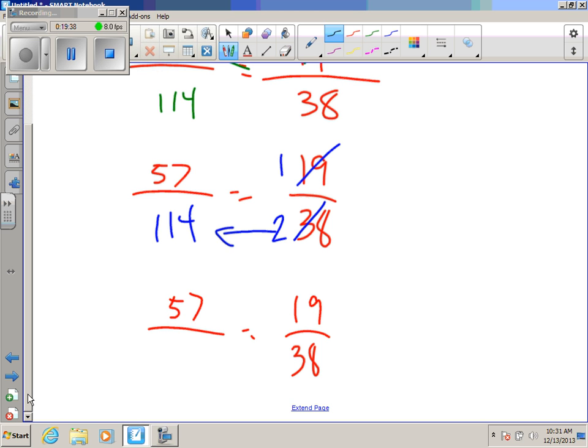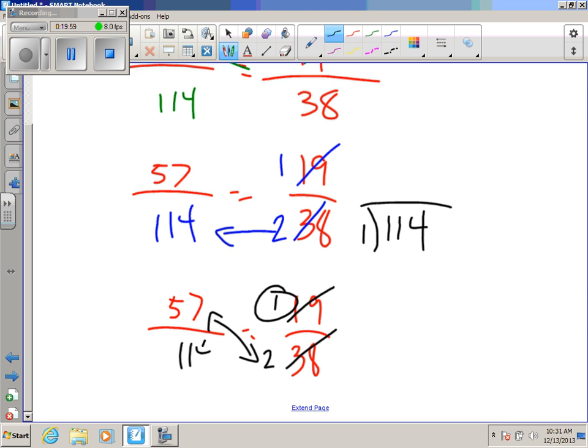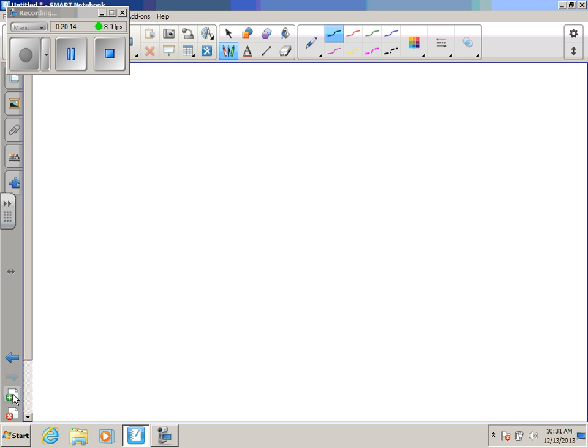Let's go ahead just to make it easier, and let's simplify. If I use those cross products, remember before I multiplied diagonally? 57 times 2 is 114, divided by 1 equals the 114. Now, even if I were to take 57 and multiply it by 38, I'd have to then divide by 19. If I did it right, I'd get the 114. But that might be more work than what we just did. Okay?